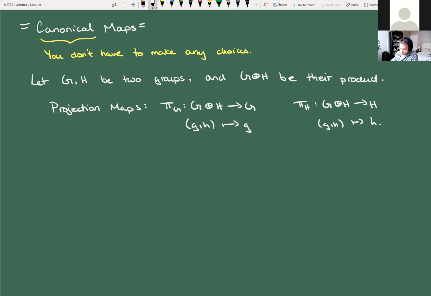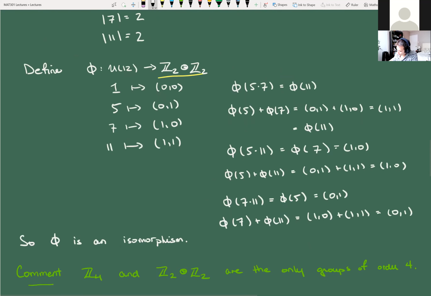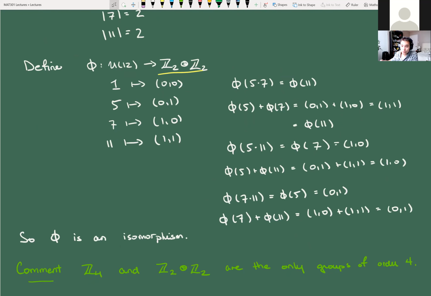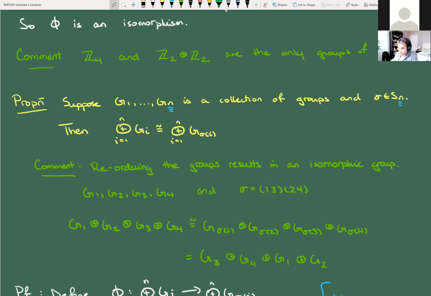Let me scroll up very quickly. Remember when I was showing that U12 is isomorphic to Z2 plus Z2? Notice I made a choice here. I had to decide that 5 mapped to (0,1), 7 mapped to (1,0), and 11 mapped to (1,1). I could have changed those around. I could have mapped 5 to (1,1), for example, and 7 to something else, and still have gotten an isomorphism. I had to make a choice as to what things were going to map to what. So that isomorphism was not canonical.